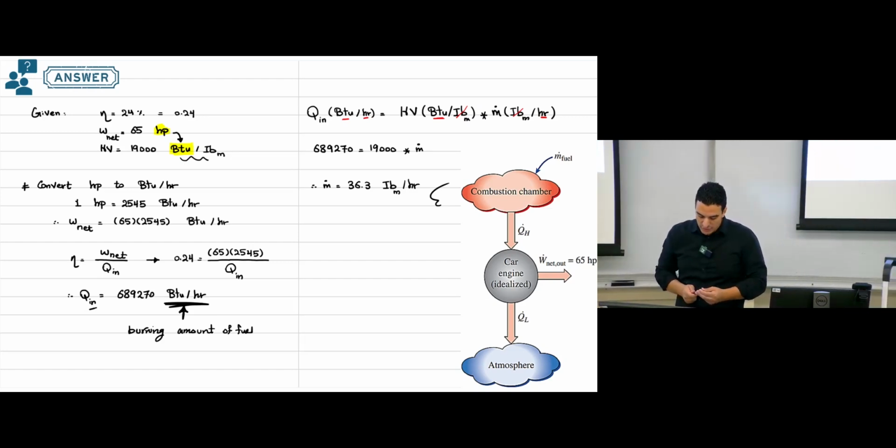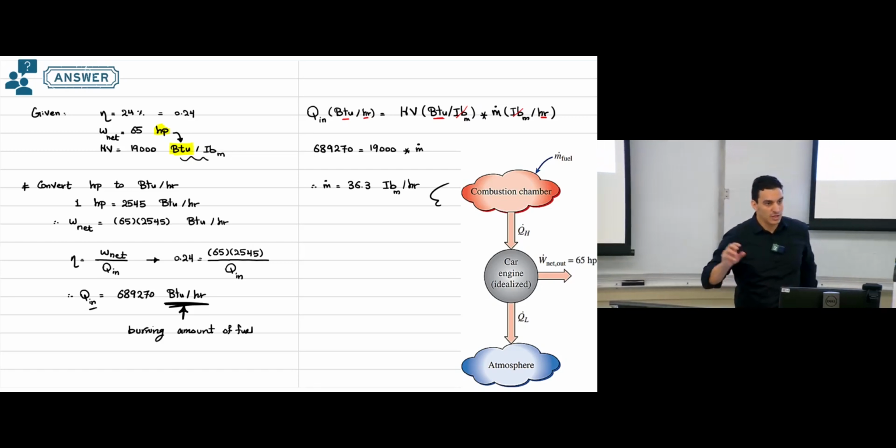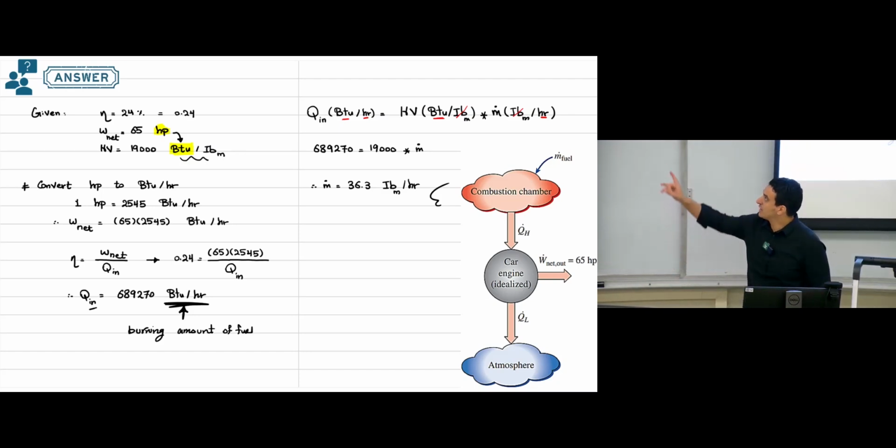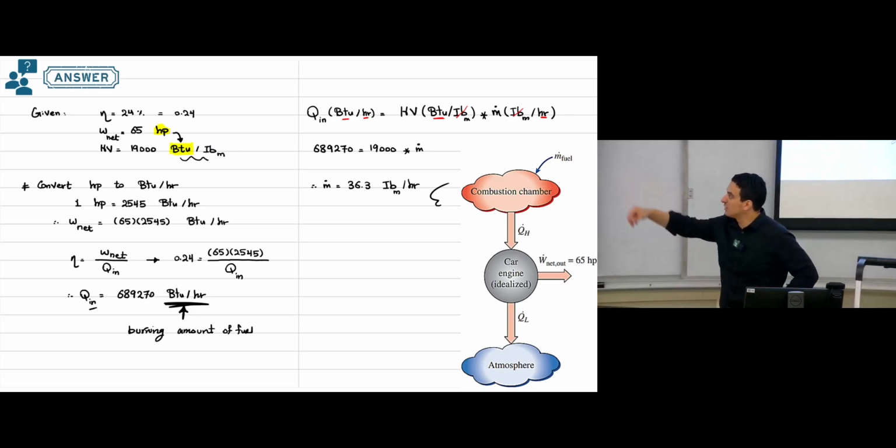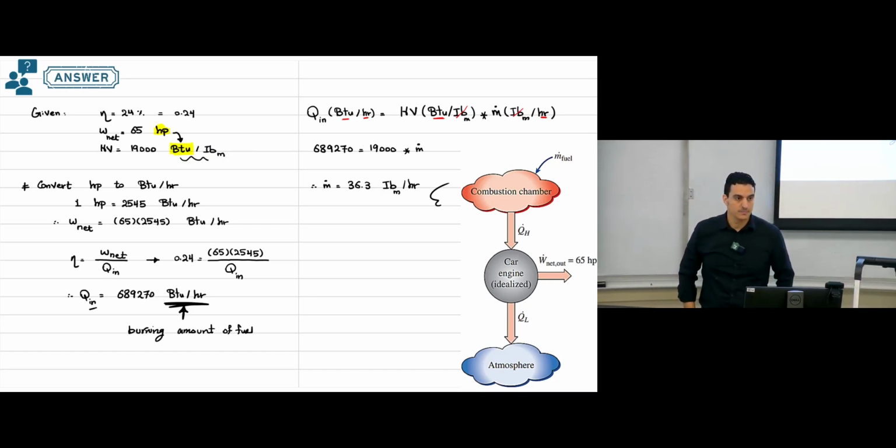So every hour in this car, we will consume 36.3 pound mass of the fuel. If you burn this amount of fuel that has 19,000 as the heating value, then you will obtain the Qn value that you need for this car engine. Clear?